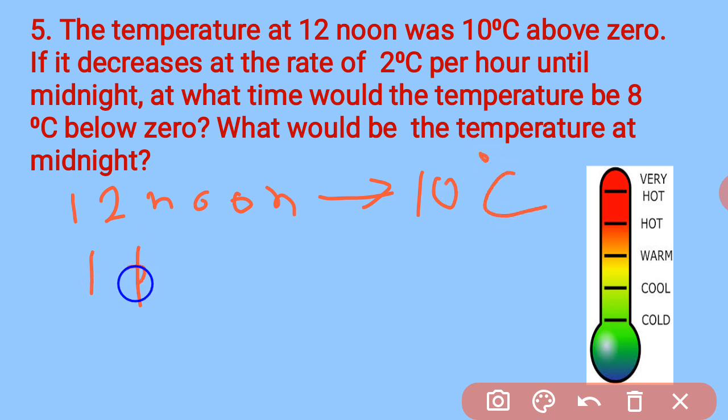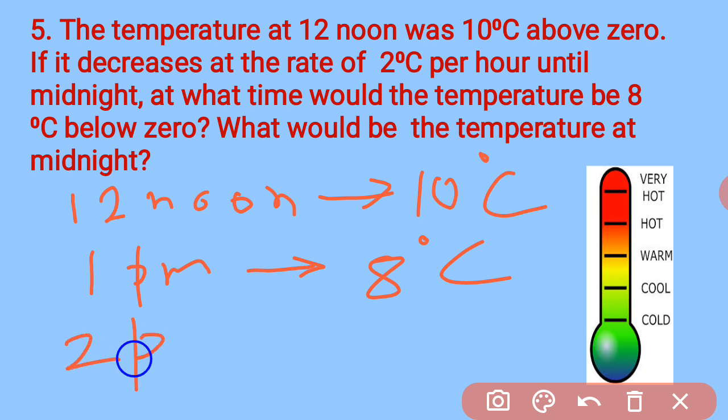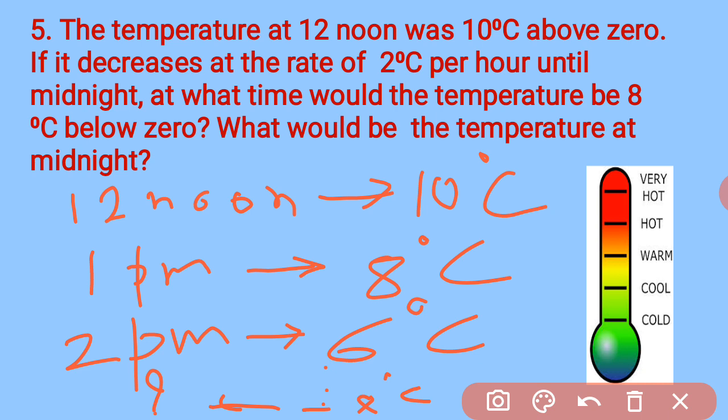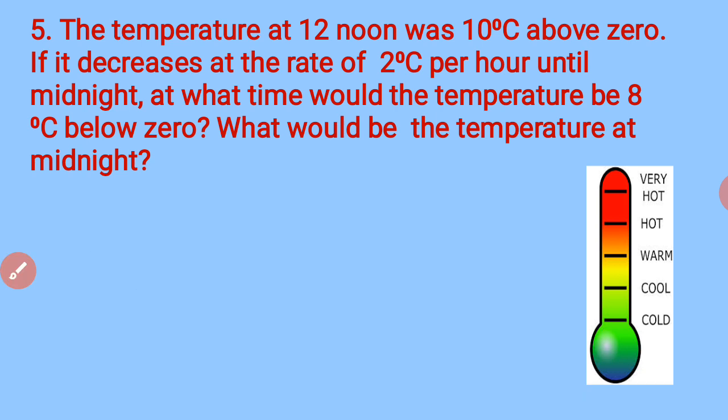So 1 p.m. it will be 2 degrees less after 1 hour, so it will be 8 degrees Celsius. 2 p.m., 6 degrees Celsius and so on. This reduction is continuously going on and the temperature reaches minus 8 degree Celsius. We have to find out the time. Let us try.